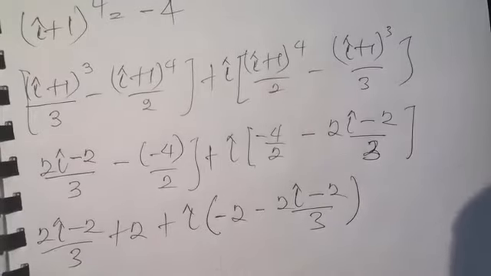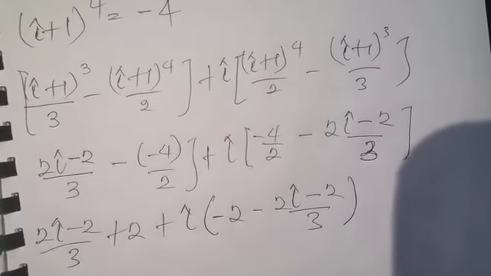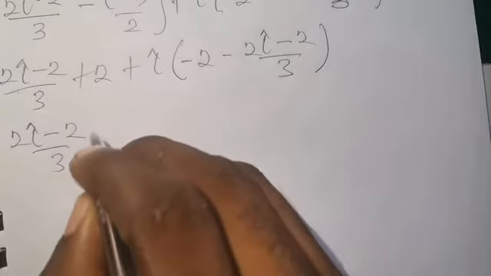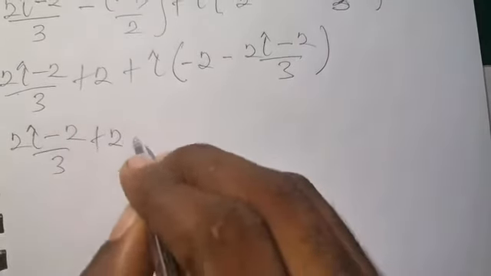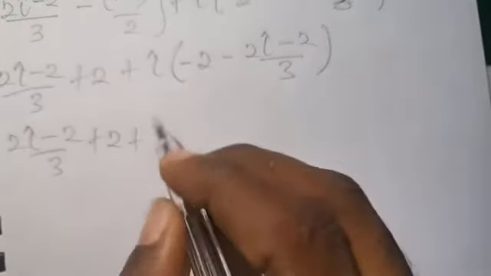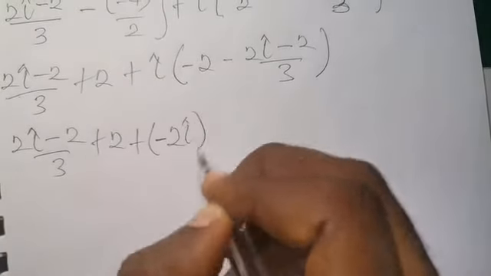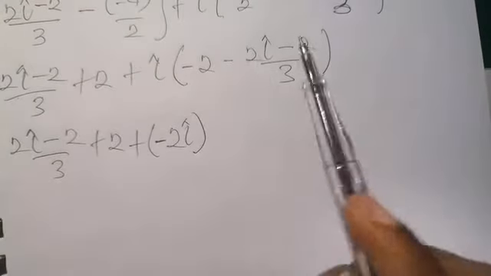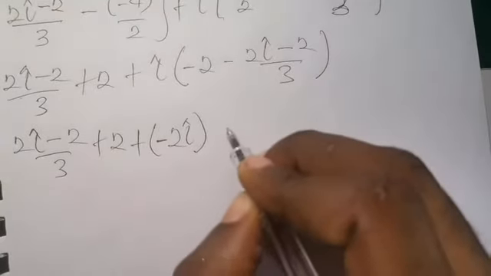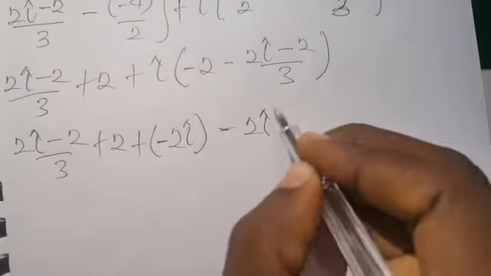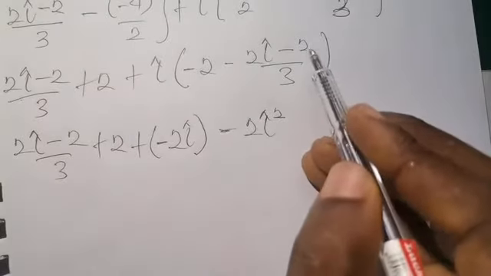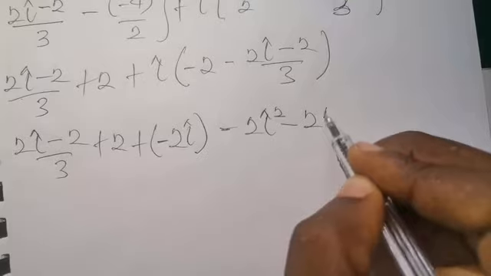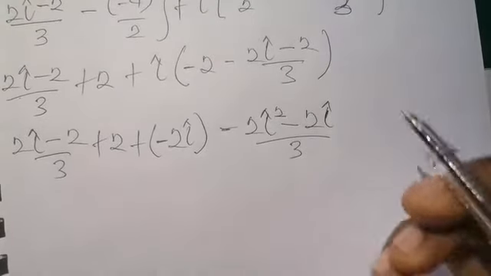So we can expand with i. We have (2i minus 2) all over 3, plus (2 plus i) times minus 2, which simply gives us minus 2i. Considering this part, i times minus 2i gives us minus 2i squared, and i times minus 2i over here gives us minus 2i, all over 3.